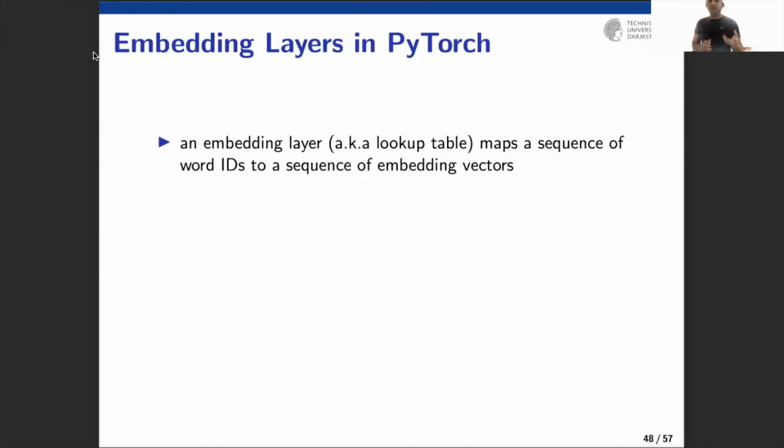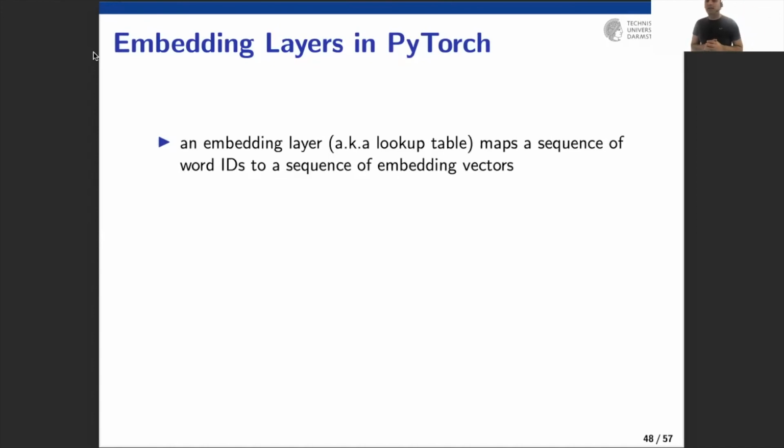An embedding layer maps a sequence of word IDs to a sequence of embedding vectors. So if we have a sentence of words, we map each word to its index in the vocabulary. For example, if the word hello is the fifth word in the vocabulary, then the index value of this word, or the word ID, is 5.